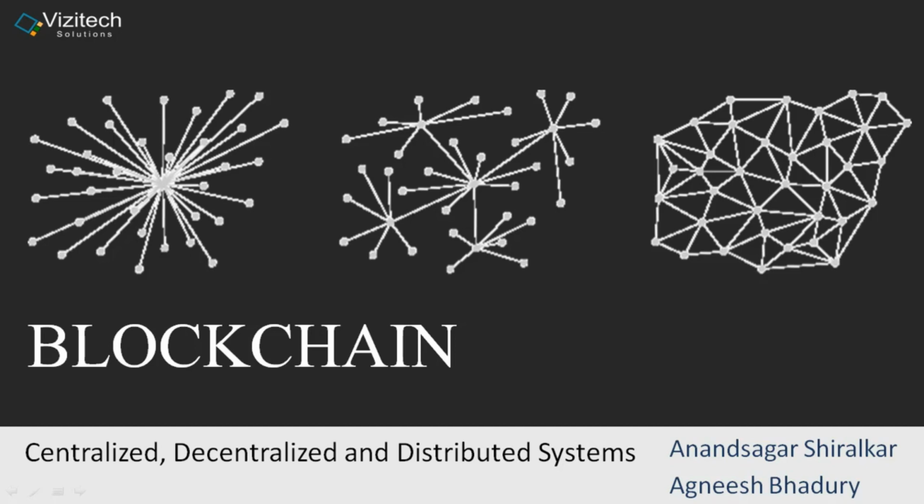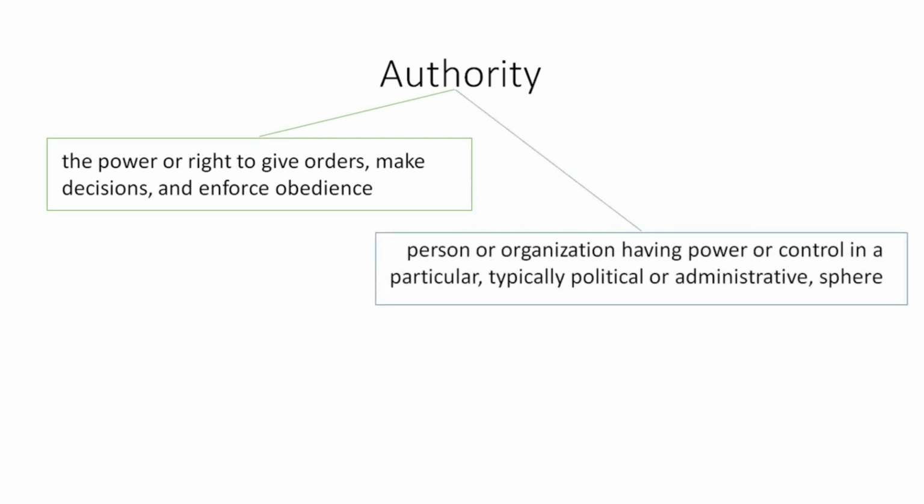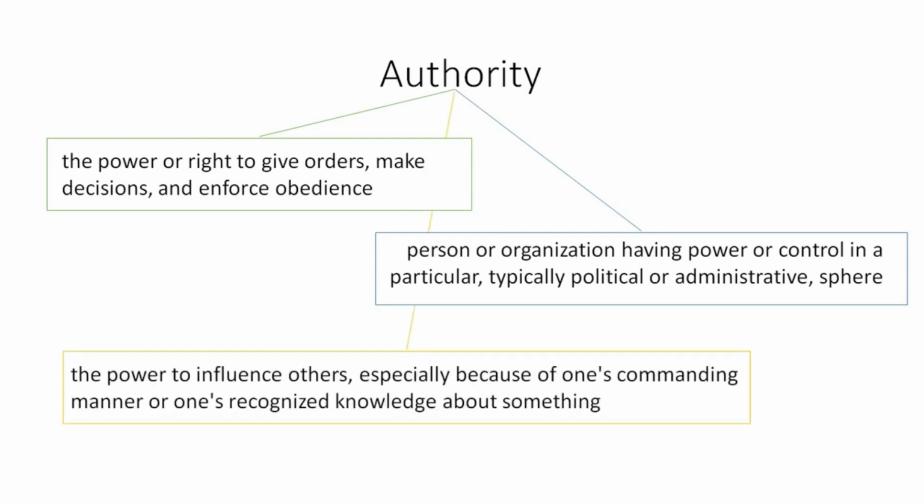Let's start with understanding the concept of authority. There are some common definitions that you would find on the internet and in various dictionaries, such as the power or right to give orders, make decisions, and enforce obedience, or the person or organization having power or control in a particular, typically political or administrative sphere, and the power to influence others, especially because of one's commanding manner or one's recognized knowledge about something.